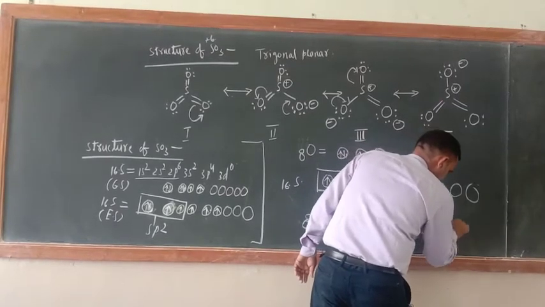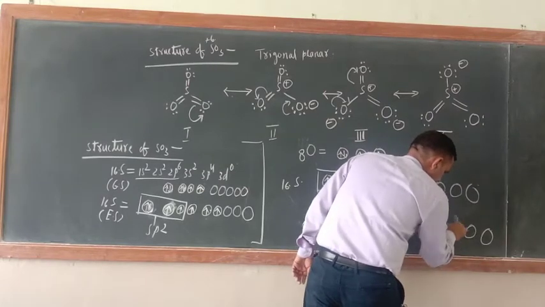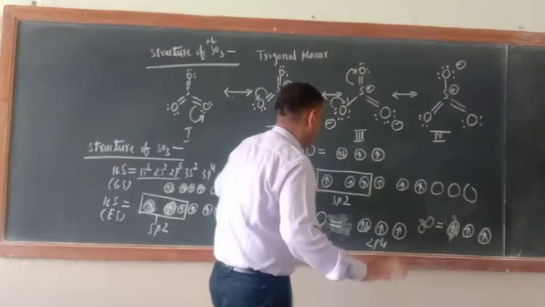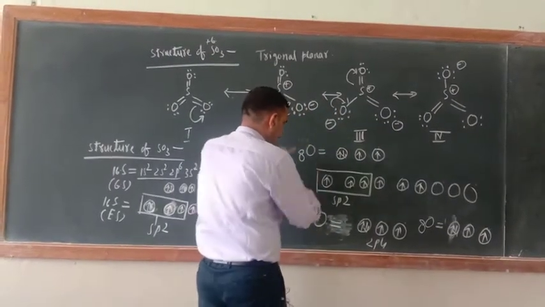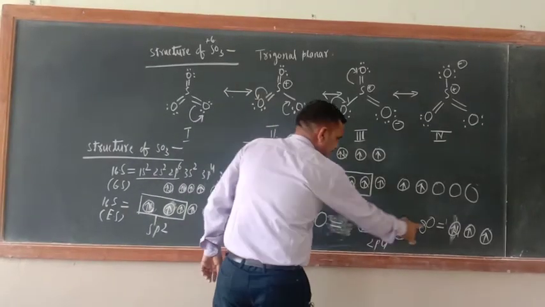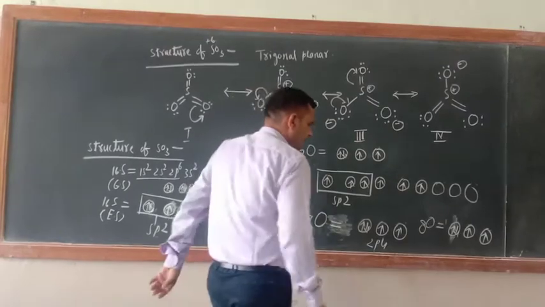Just write here 1, 2, 3. So just see, 2 electrons here, 1 electron here, 1 electron here. Correct? So I wrote 3 oxygens: 1 oxygen, second oxygen and third oxygen. This is O8, 2p4.